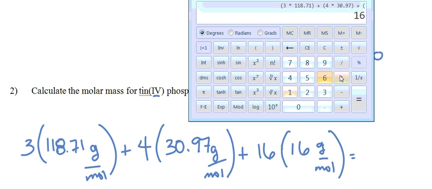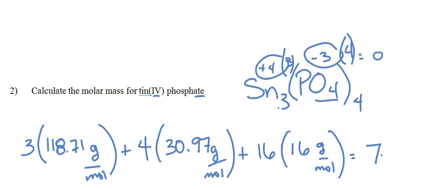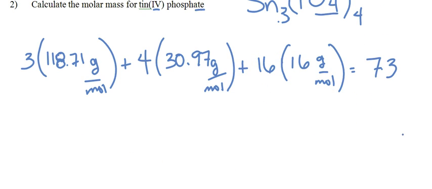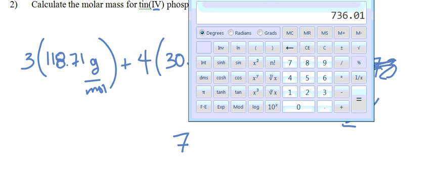And then 16 times 16. And then close that baby up. And we get a molar mass of 736.01. And since we're looking for molar mass, do not round. 736. Okay.